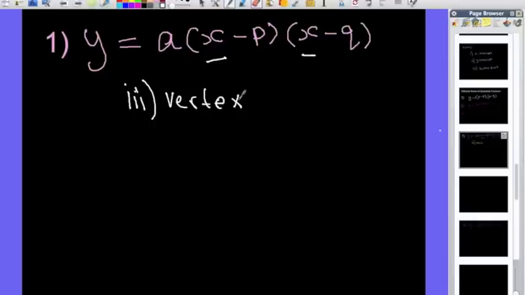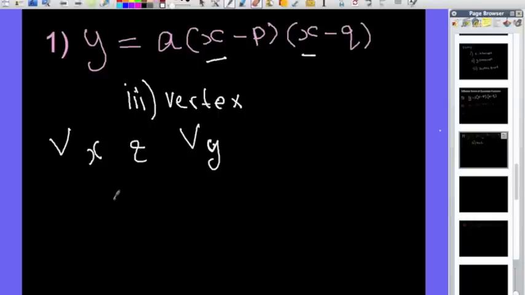Then we replace this number into x, and we get the y coordinate of the vertex point. So basically, there are formulas which you use in order to get the x vertex and y vertex.